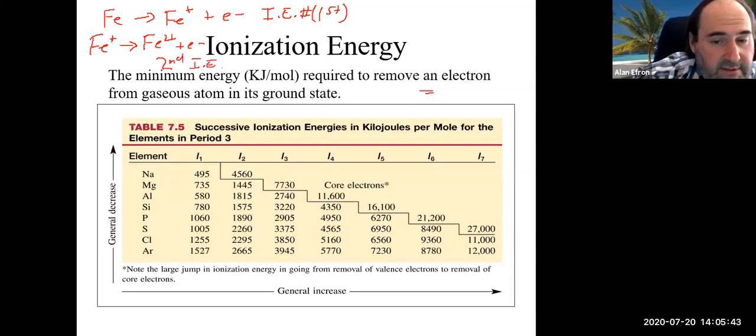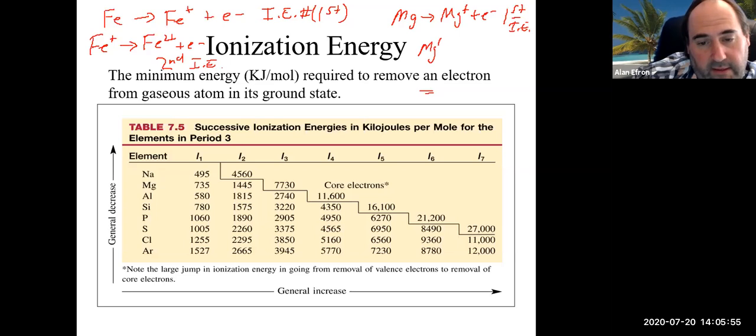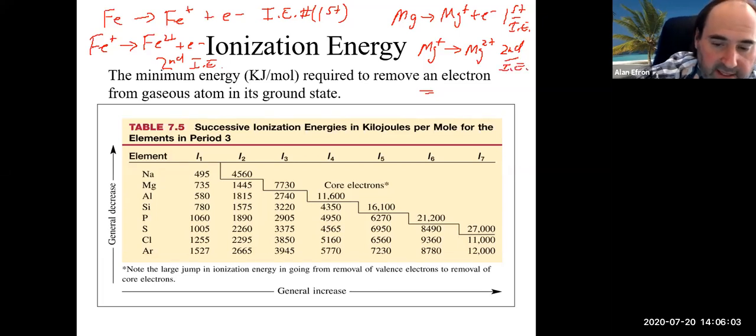Same thing happens with, say, something like magnesium. Again, it's going to drop that first electron, and then this guy would drop that second electron off. So when somebody says first ionization energy, second ionization energy, third ionization energy, that's basically the energy required to remove one electron at a time.